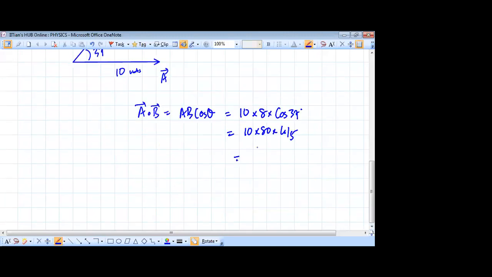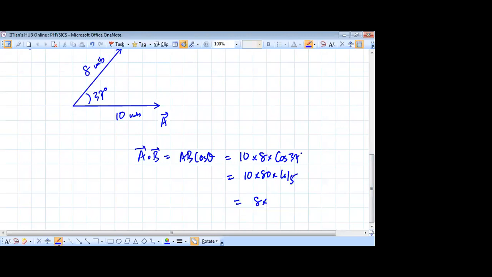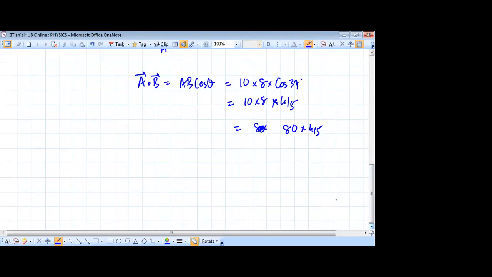So 80 multiplied by 4 by 5 will become 64. So 64 units squared, because it is a product of 10 and 8.